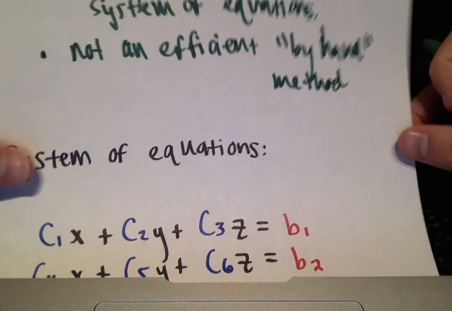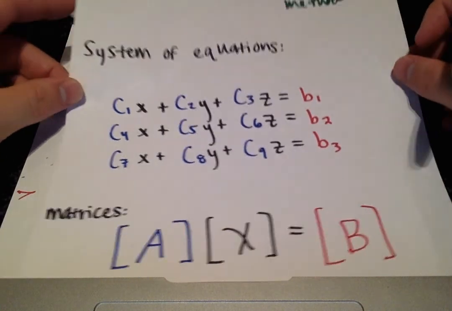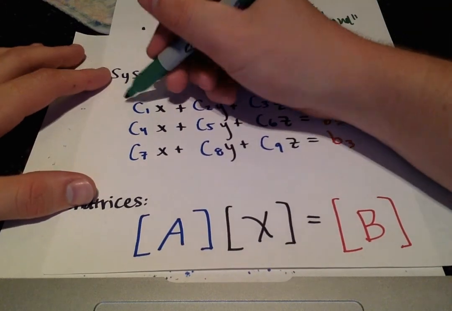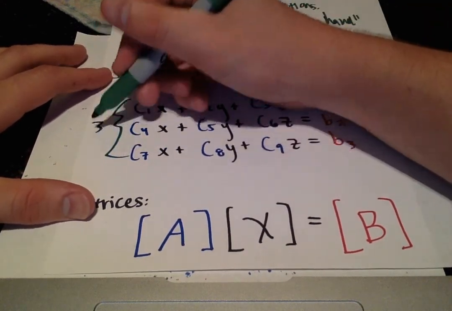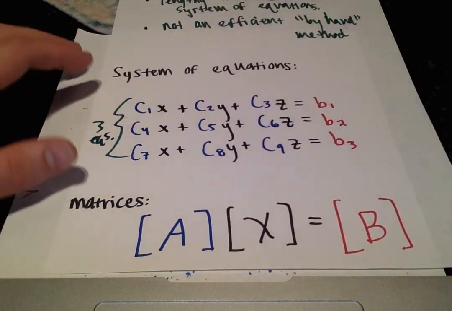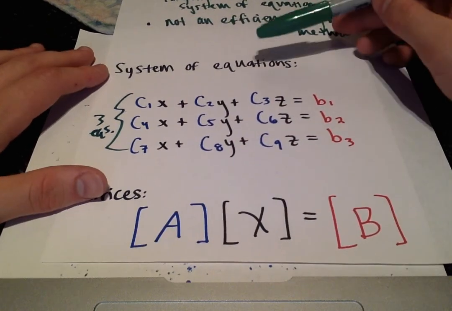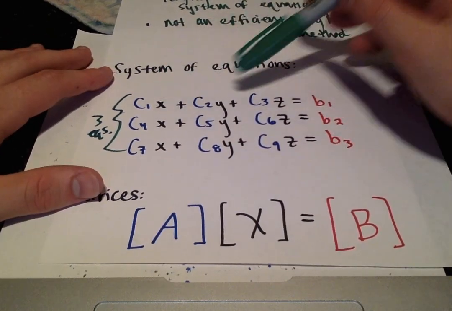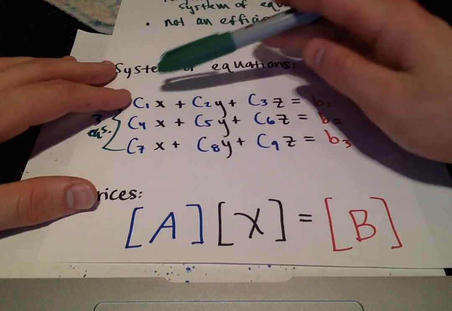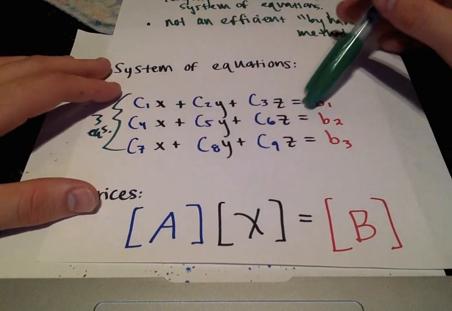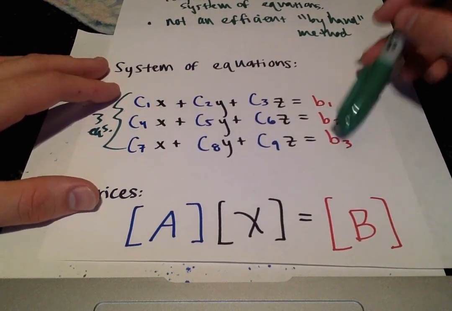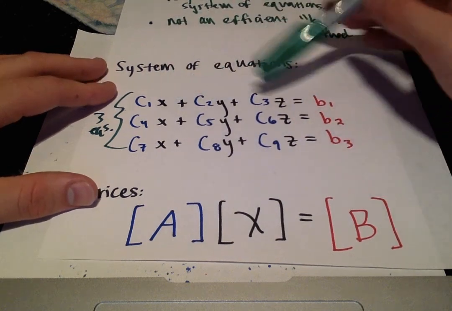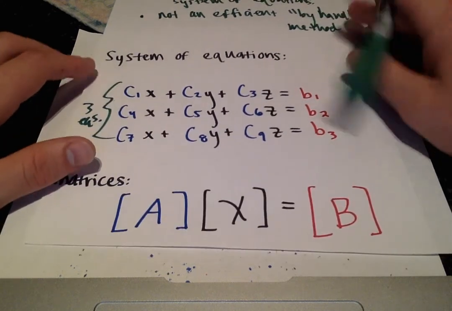So a very common situation is you'll have a system of 3 equations, and you'll have unknown x, y, and z values, and then there will be known coefficients and these b values here. C1 to C9 are just different coefficients.